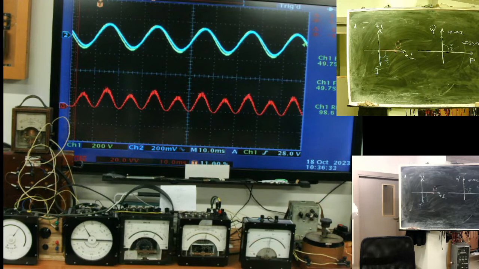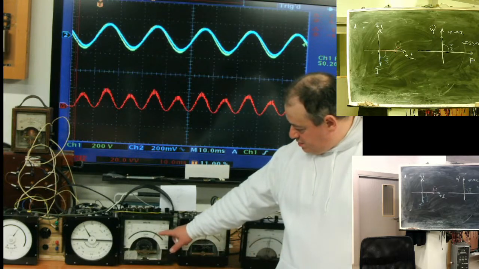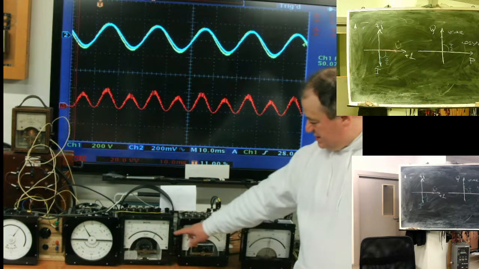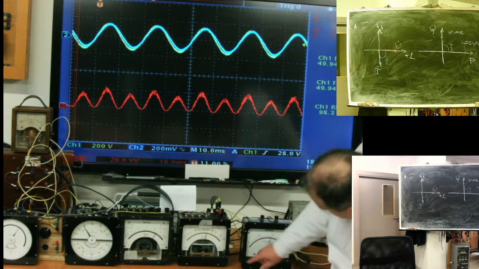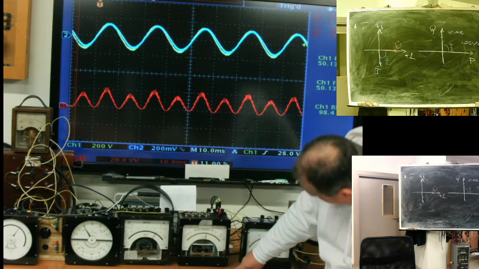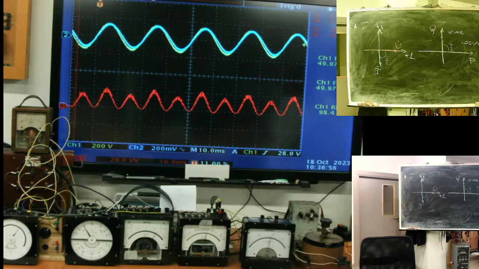We have a power factor phase shift. You can see it will be 73 active watts, and here I have 5 divisions and 25 active.